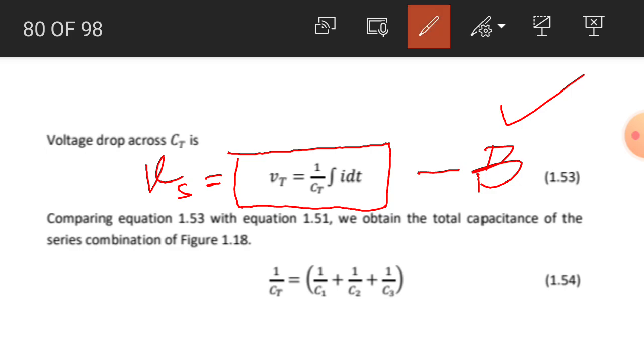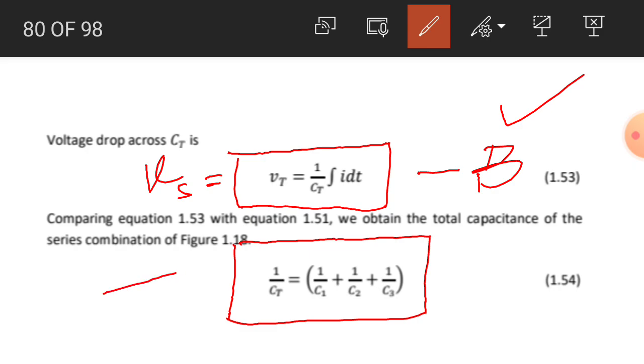So 1 over Ct will be equal to 1 over C1 plus 1 over C2 plus 1 over C3. We can calculate the total capacitance with the help of this particular equation.